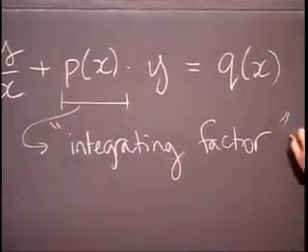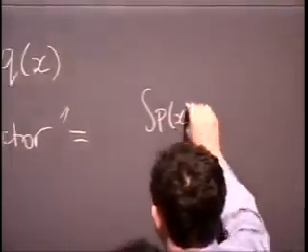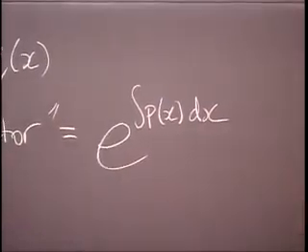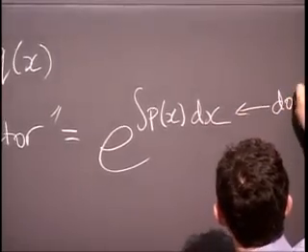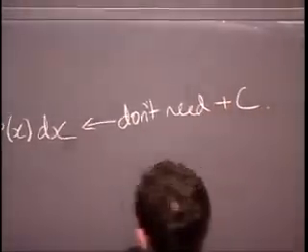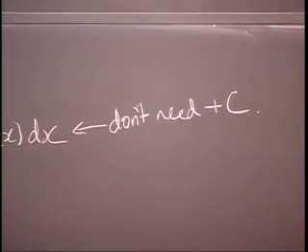And here's how you do it. You take the integral of p of x, dx, but you raise e to that power. And actually, you don't need a plus c. It doesn't hurt, but you might as well omit it. So that's the integrating factor.